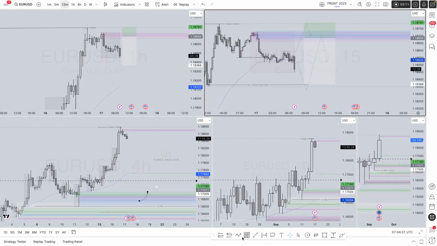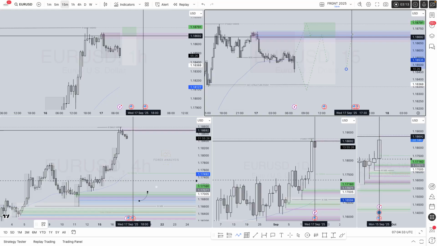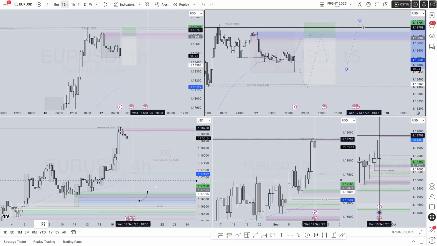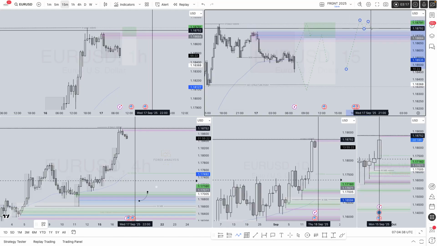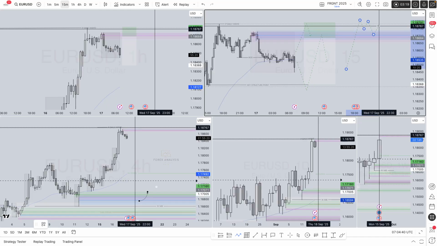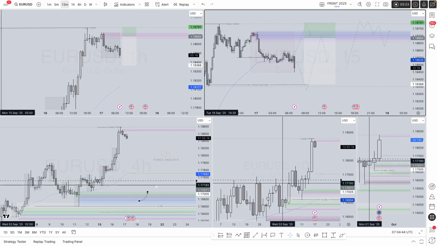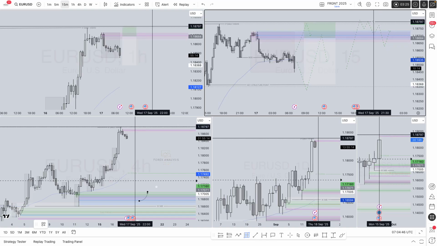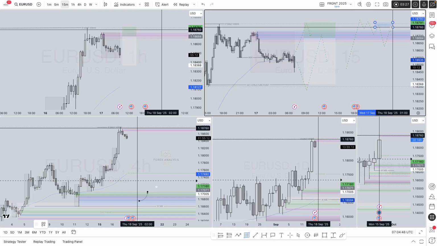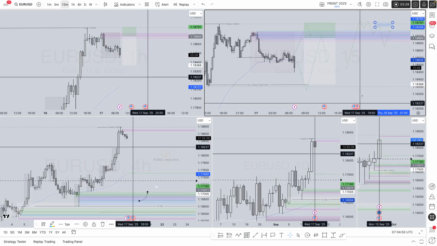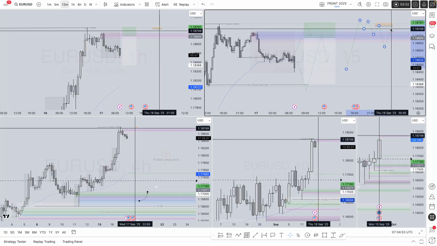So how that's going to play out on the 1 minute, price will come up into the area, give us a lower time frame break of structure. I've drawn it exaggerated for illustrative purposes. OB left at the highs.